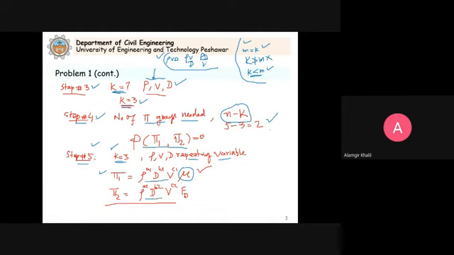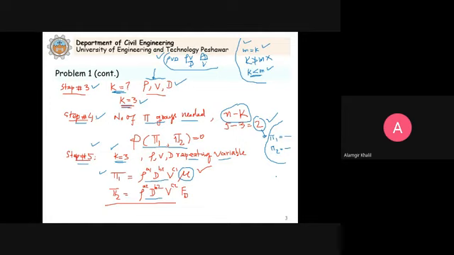Now, we identify that in order to solve this question, you actually need 2 pi's. We need pi 1 and we need pi 2 to solve this problem. So for the formation of this pi 1 and pi 2, there can be different ways to do it.